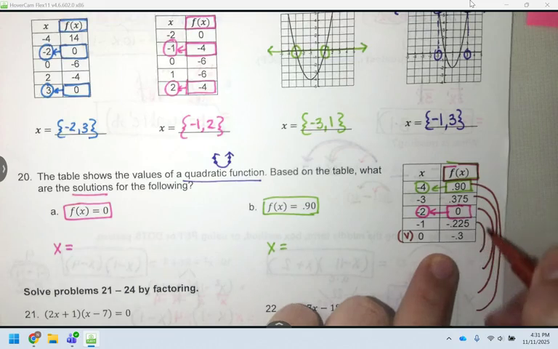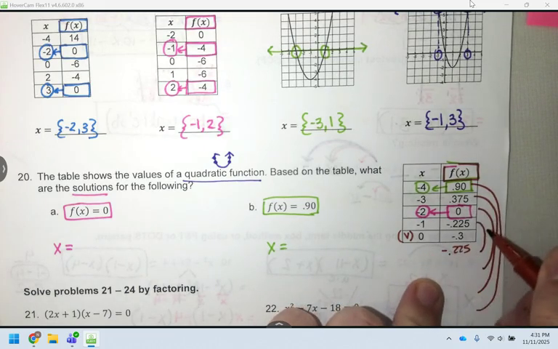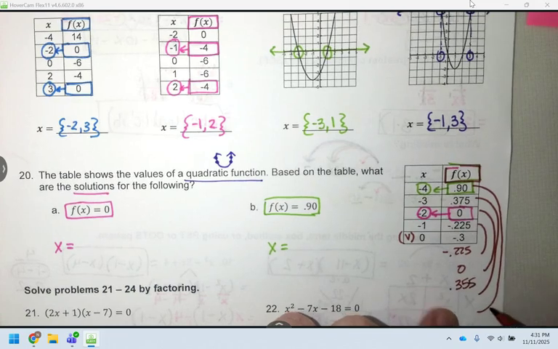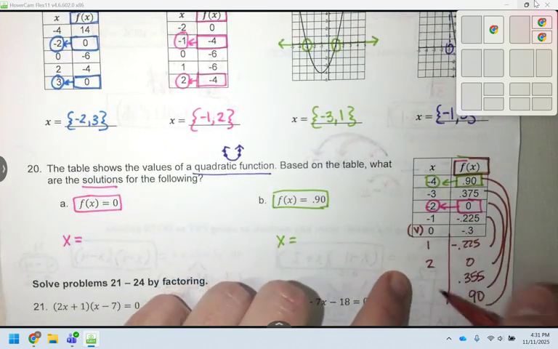Okay, so this is going to be negative 0.225. This one is going to be 0. This one is going to be 0.375. And this one is going to be 0.90. 1, 2, 3, 4.